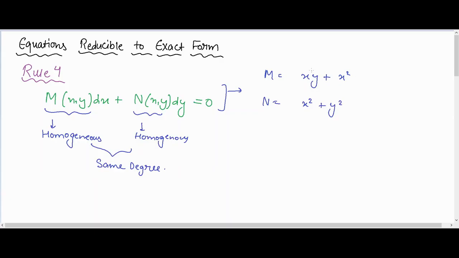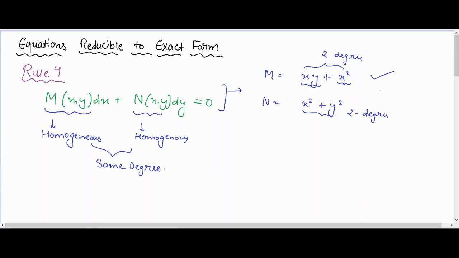So here we can see that this M is homogeneous, meaning that in each term the total power of x and y should be the same. So here the total power is 2, x square. Here also 1 x and 1 y is there, so total power is 2. So this has degree 2, right? And similarly, from here we can directly see that N also has a degree of 2.